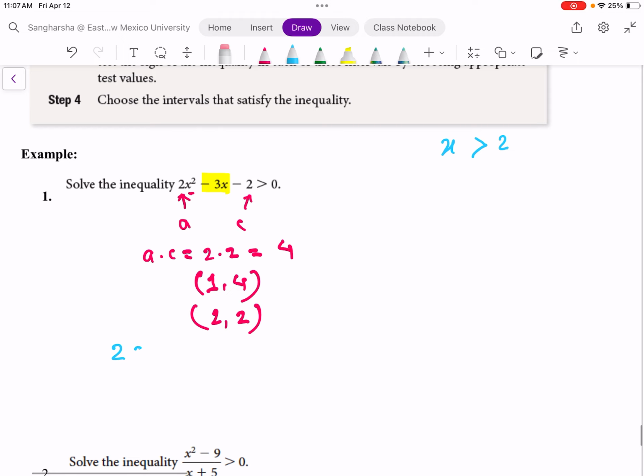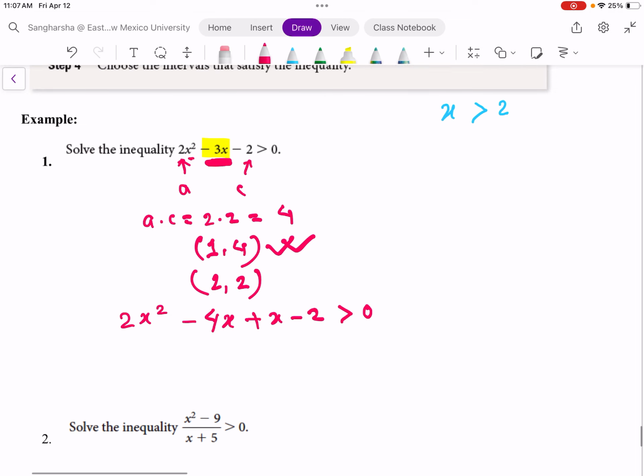So we have 2x squared as it is. We are rewriting negative 3x using this pair of factors, so negative 3x is the same as negative 4x plus x, and we have negative 2 as it is, greater than 0.